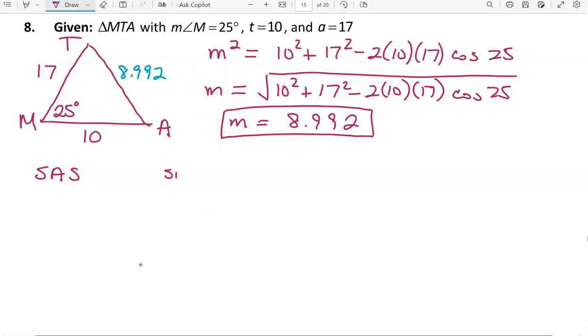So I'm going to use the law of sines. Sine of angle T divided by the opposite side 10 is equal to sine of 25 degrees divided by 8.992.